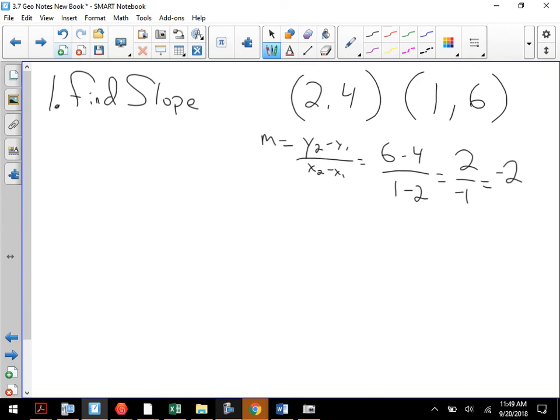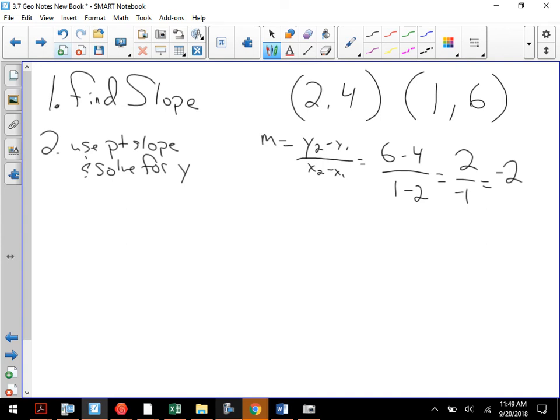So the second thing I do, or basically the last thing, is use point slope and solve for y. Because I have my slope, and all I have to do is pick one of the points. I can pick either one of them. It doesn't matter. It's totally up to you.